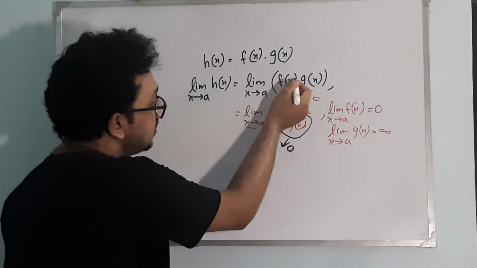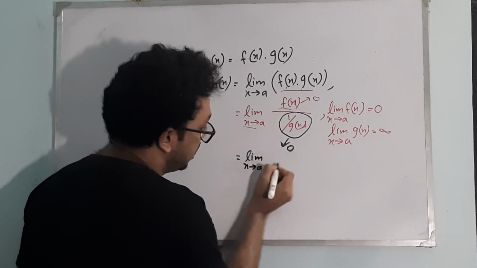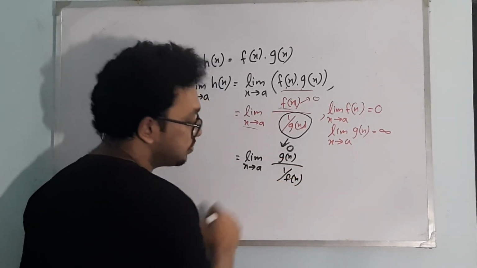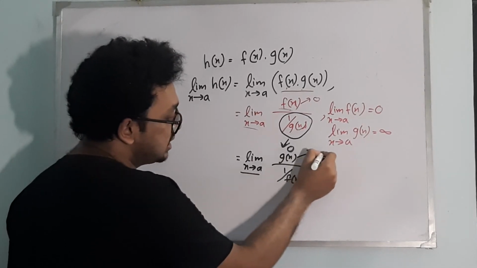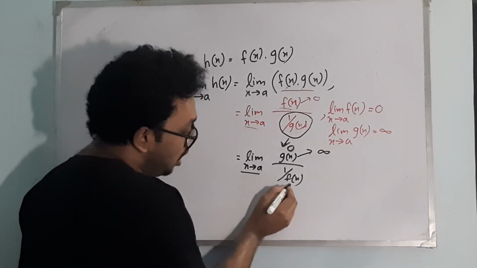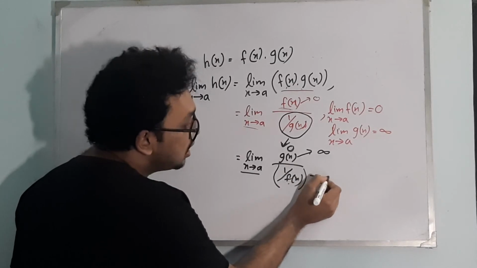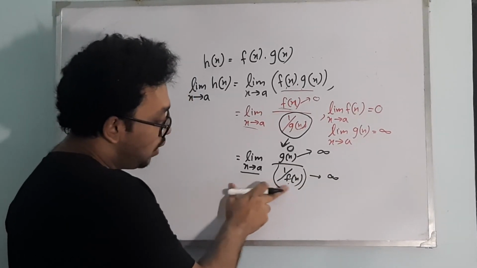So using the L'Hospital rule, you can solve this. Or you can write f(x) into g(x) in this way: limit of x tending towards a of g(x) divided by 1 by f(x). Now when x is tending towards a, g(x) is tending to infinite and f(x) is tending to 0. If f(x) is tending to 0, then this whole 1 by f(x) will tend towards infinite, right?